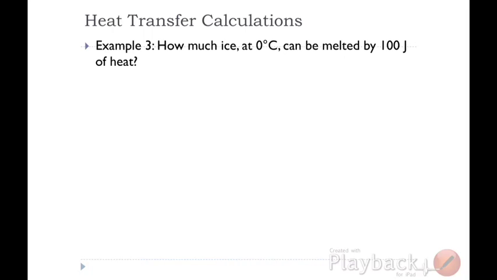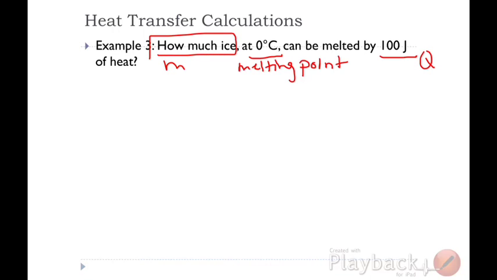Here is our next example. How much ice, so again, we're working on water in all of these, at 0 degrees Celsius, so that's at the melting point, can be melted by 100 joules of heat. So this problem is actually giving us Q, and it's asking how much ice. So it's looking for the mass.